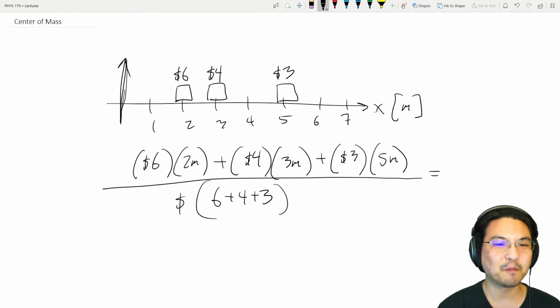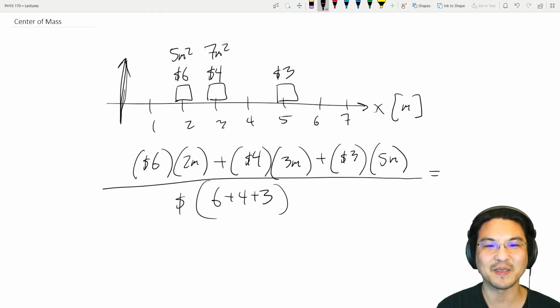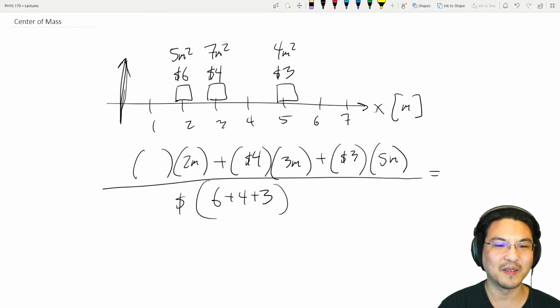Now let's say this first box has a surface area of 5 square meters. This next box has a surface area of 7 square meters. And this third one has a surface area of 4 square meters. Now I can compute an area weighted mean position.